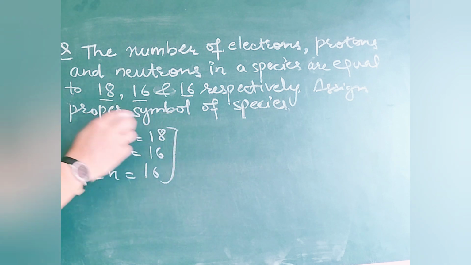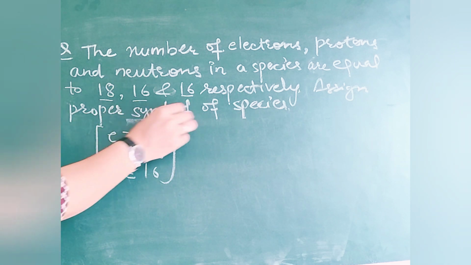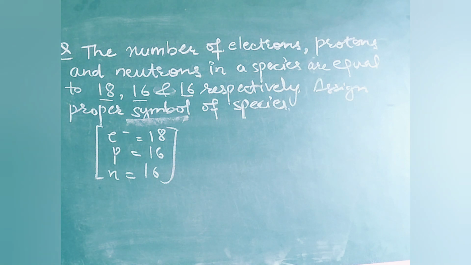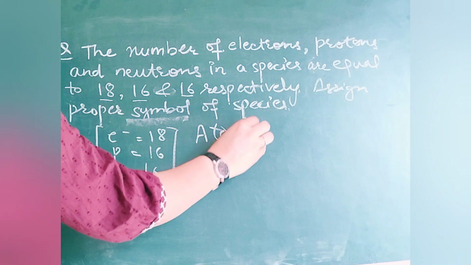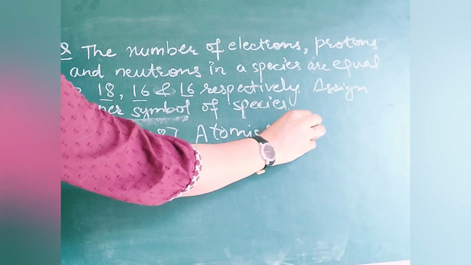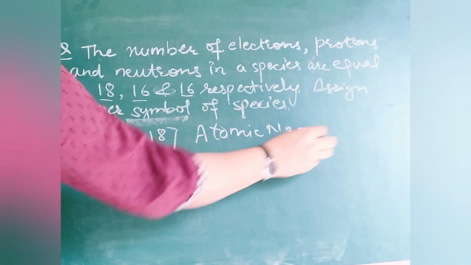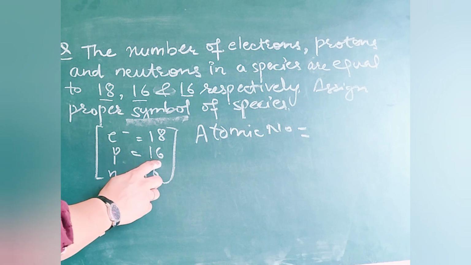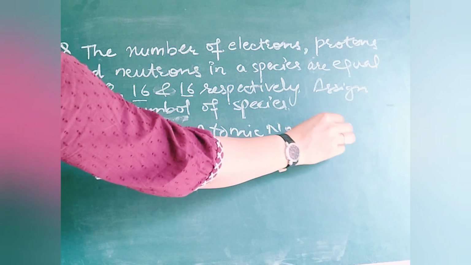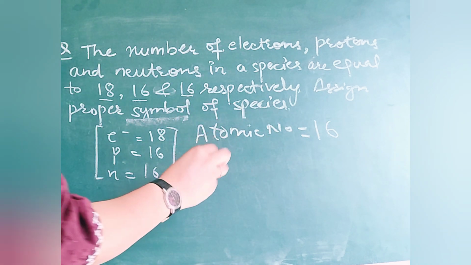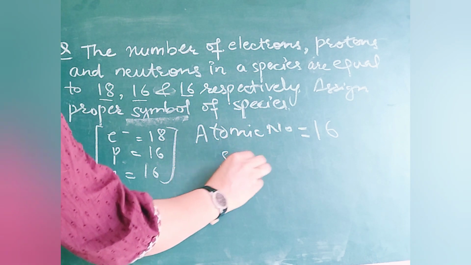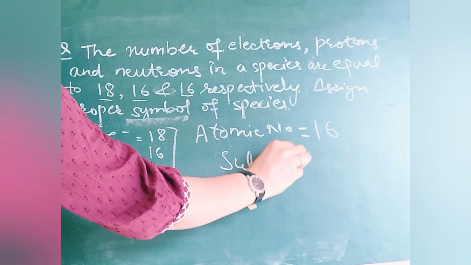We have to determine the proper symbol. What will be the element here? So let's see. We know atomic number is equal to number of protons. Here we are having number of protons 16. So atomic number will be 16. 16 is of sulfur. So here we have got our element, that is sulfur.